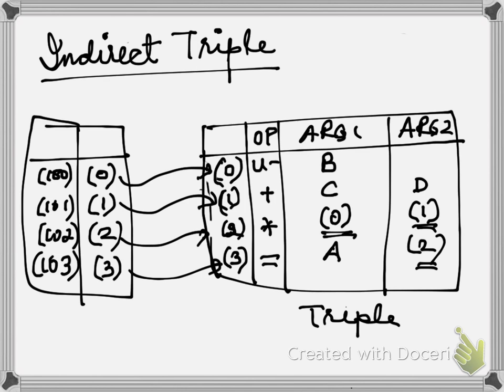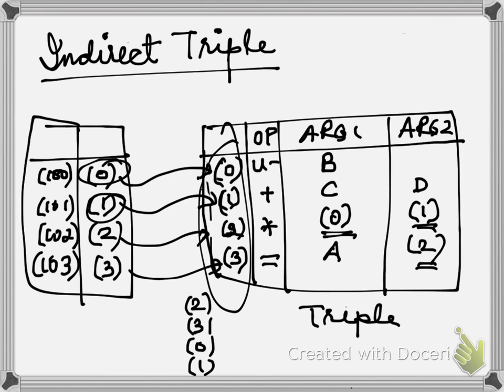And in indirect triple, such problems will not occur because you are simply having a pointer to the triple. So if you have changed the order of, say, from 0, 1, 2, 3 to, say, 2, 3, 0 and 1, then all you have to do is change here because these are pointers. So you just change this.